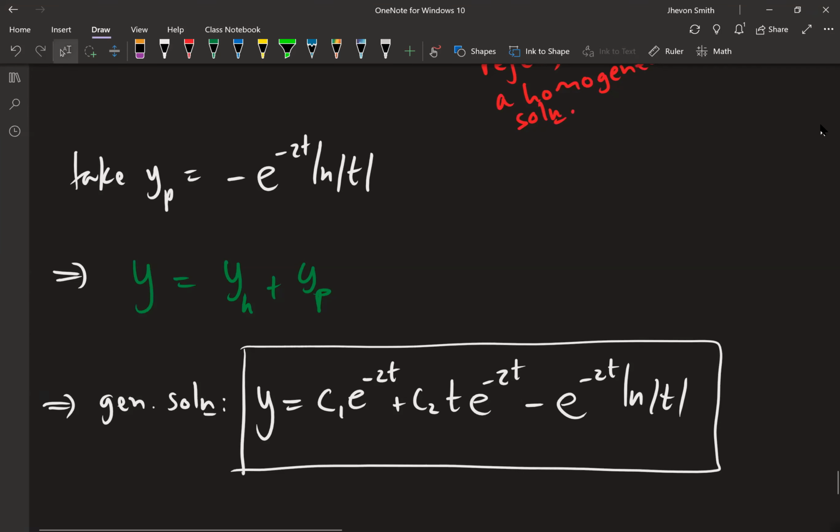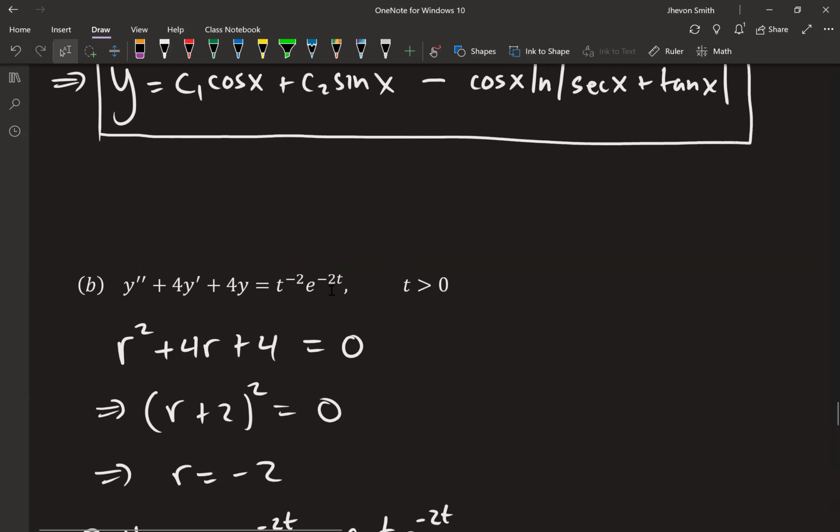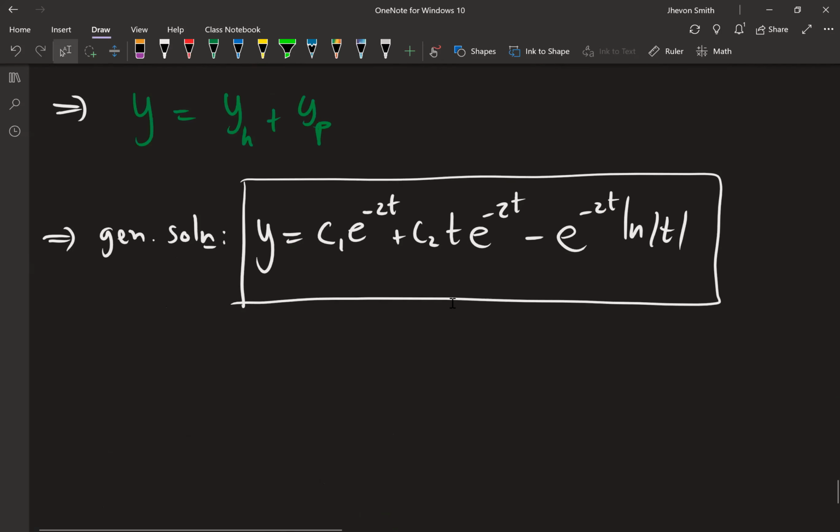And that solves the general solution of this non-homogeneous ODE. So the solution to this guy, what is a function y that will solve this guy in the most general form possible? It's that guy.